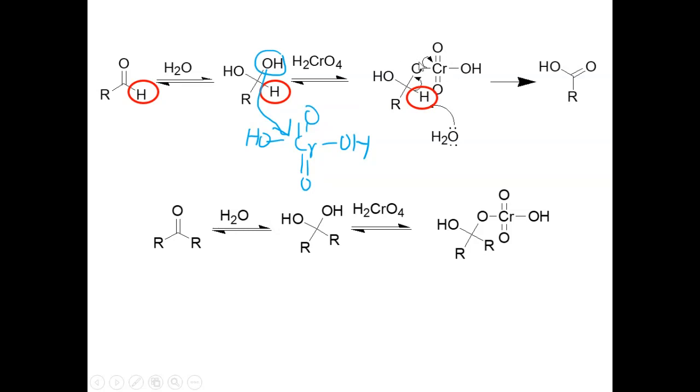The next step: we can treat this oxygen as the alpha atom, and this whole thing is a leaving group. If this oxygen is the alpha atom, this would be the beta atom, and in the hydrated aldehyde, you have an available beta hydrogen. Then water can come in and take this beta hydrogen away. This is an E2 elimination.